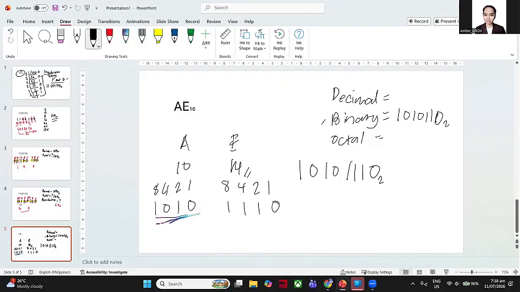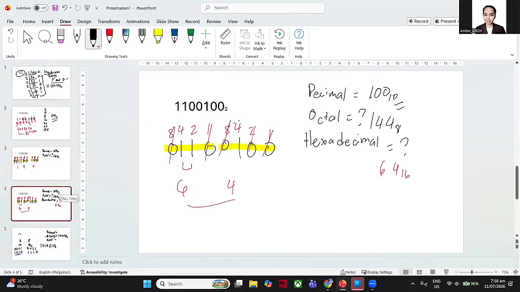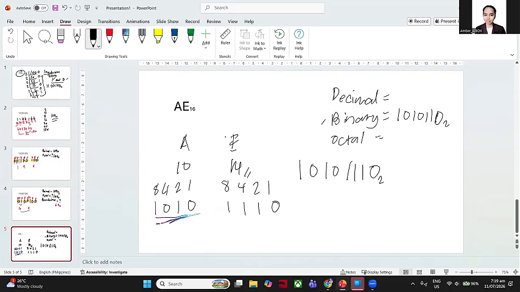Okay, so it's easy when we put this in binary, because remember in our binary, we always have 1, 2, 4, 8, right? So for hexadecimal, we just apply this and then add the numbers, okay?